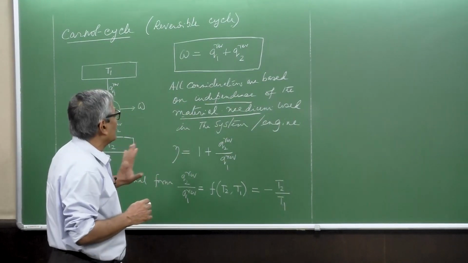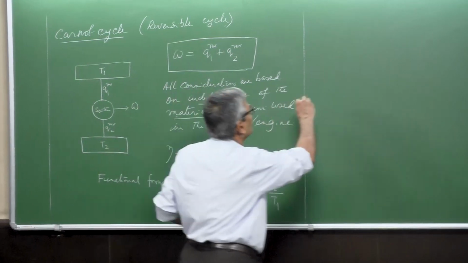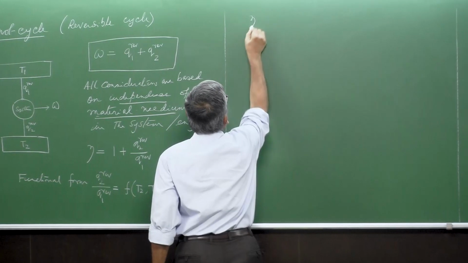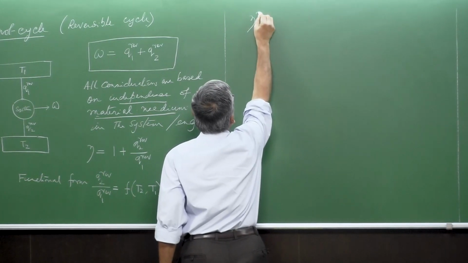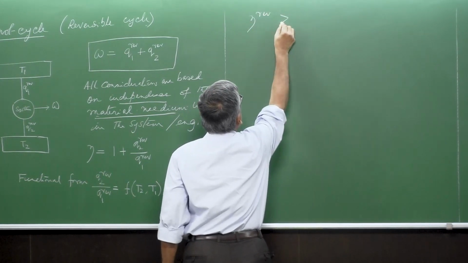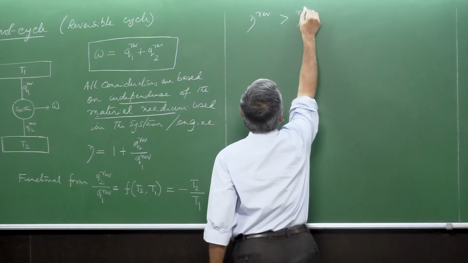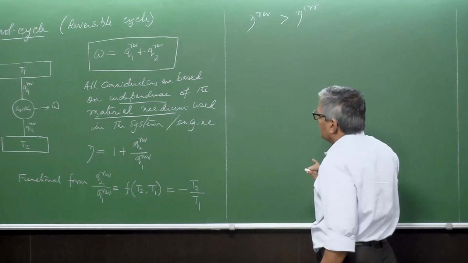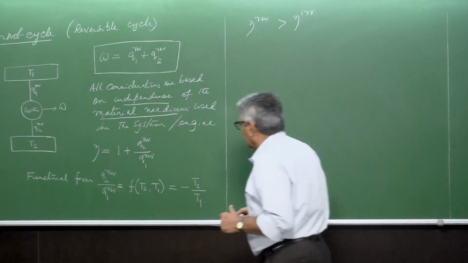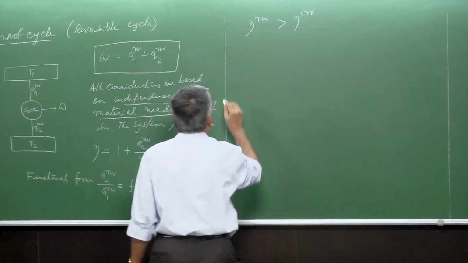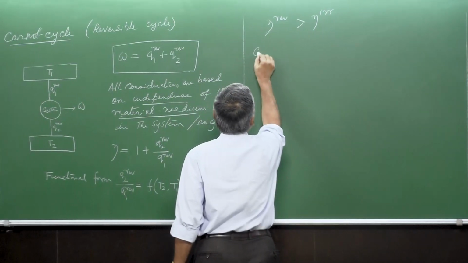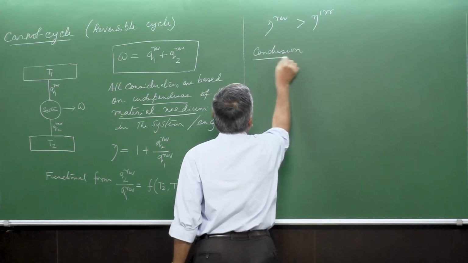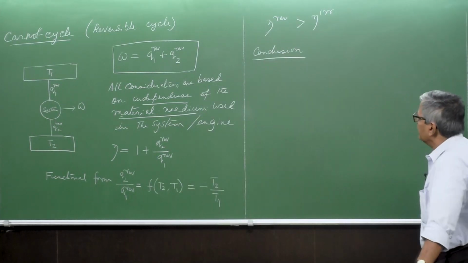Also there is another point, that the efficiency of a reversible engine is always greater than the efficiency of an irreversible engine. These are the conclusions that we know. Now the conclusions we can draw from these items are the following.